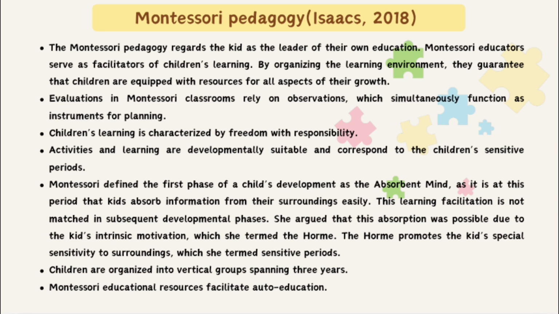She argued that this absorption was possible due to the kids' intrinsic motivation, which she termed the horme. The horme promotes the kid's special sensitivity to surroundings, which she termed sensitive periods. Besides, children are organized into vertical groups spanning 3 years, and Montessori educational resources facilitate auto education.